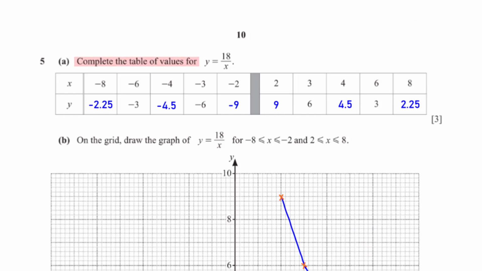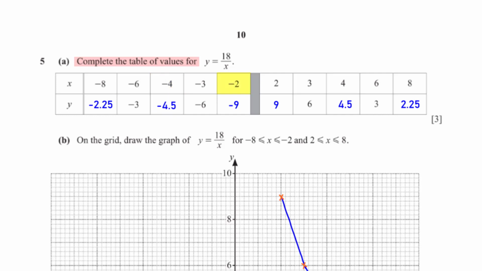Complete the table of values for y equals 18 over x. When we plug in x equals negative 8 into y equals 18 over x, we get y equals negative 2.25. For x equals negative 4, we have y equals negative 4.5.